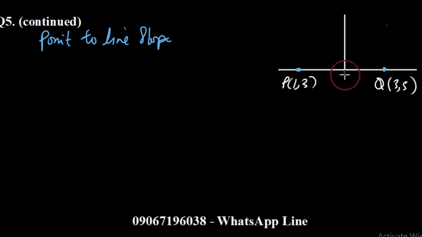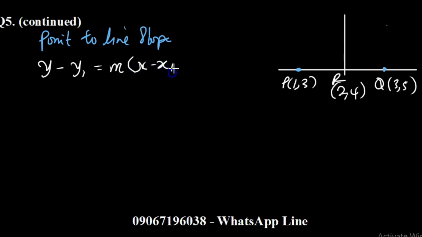Remember this point is point R, which we got to be 2,4. So that's going to give us y minus y1 is equal to m into x minus x1. This is what we need to find the equation. Don't forget this is at point 2,4, so this is point x1, this is point y1.